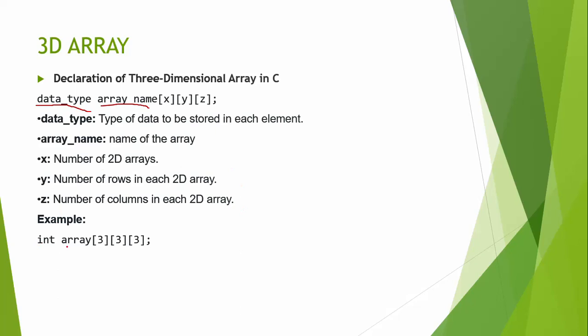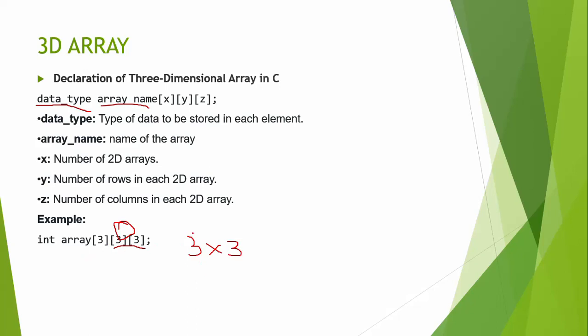Suppose I am assigning an integer array [3][3][3]. That means I am going to create a 3 cross 3 matrix. So the end product will be a 3 cross 3 matrix.